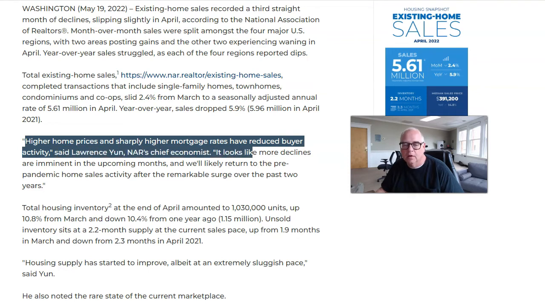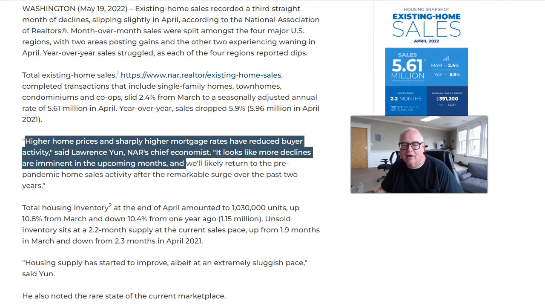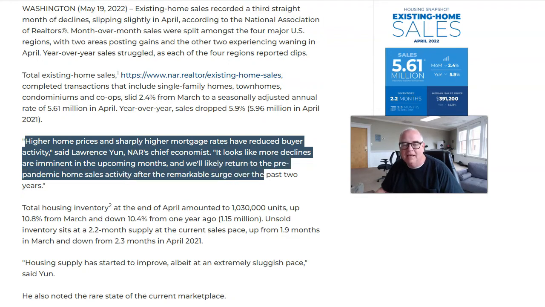It looks more like declines are imminent in the coming months, returning likely to the pre-pandemic home sale activity after the remarkable surge over the past 2 years. That's your money quote there. I kind of tortured it a little bit, but you get the idea. They're expecting things to go back to normal. We'll see if that actually happens.